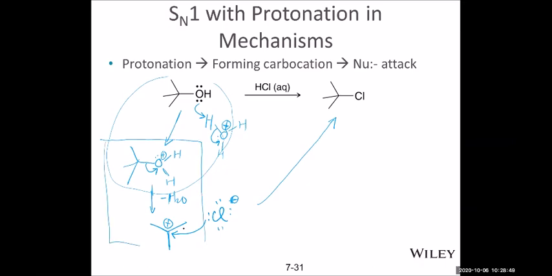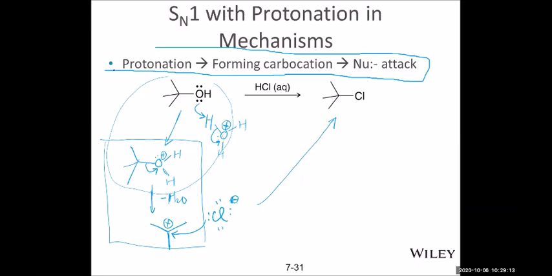But to make the leaving group easier to dissociate, it needs to go through protonation, adding a proton to the weak base OH group in the alcohol. So the three steps are summarized as protonation, forming the carbocation, and followed by the last step, nucleophilic attack.